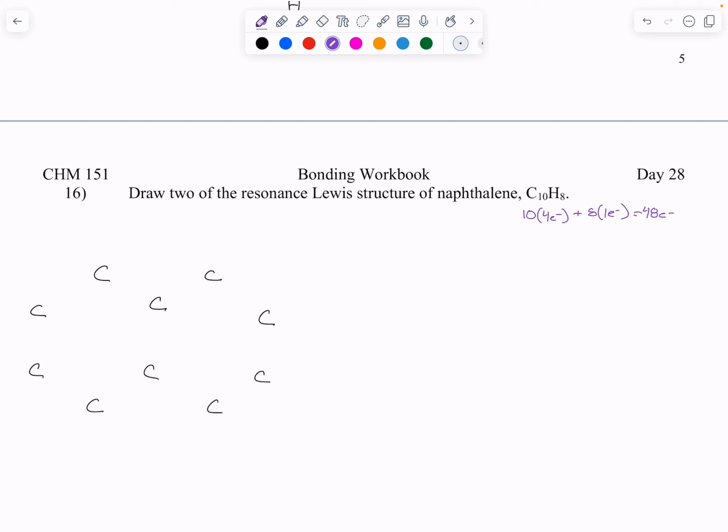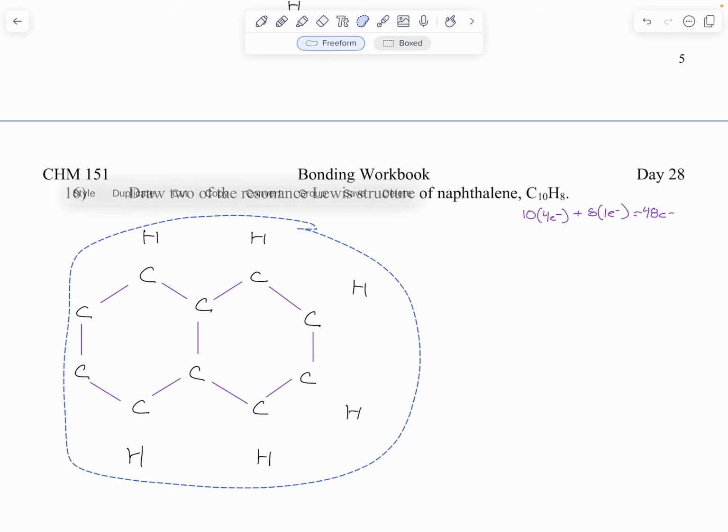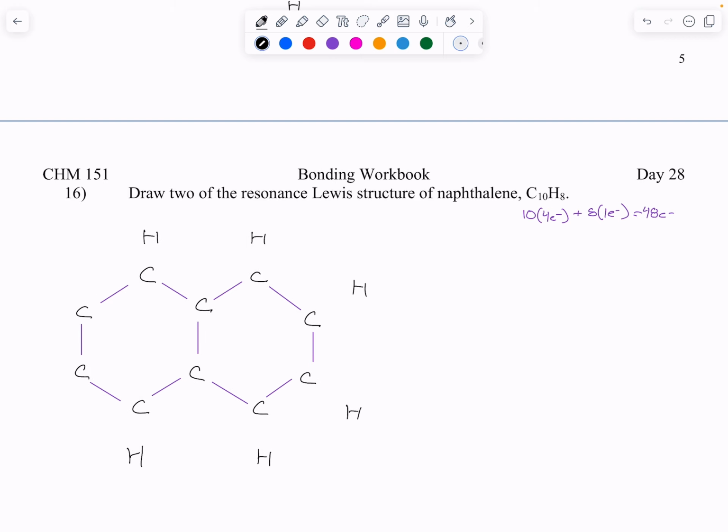And we're going to bond them in our 6-membered ring, just like we did before. And then we've got hydrogens. 1, 2, 3, 4, 5, 6. Oh, I need a little bit more space. Perfect. 7.